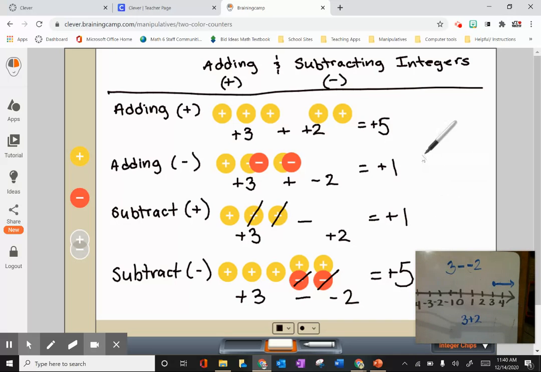So there's a few ways that you can do this. You can think of it with these counters. You can use your number line. I think when it comes to subtracting a negative, the counters really help you picture where the negatives are. You just add these 0 pairs in order to get something negative to take away. Because without adding the 0 pairs, there's no negative numbers to take away.